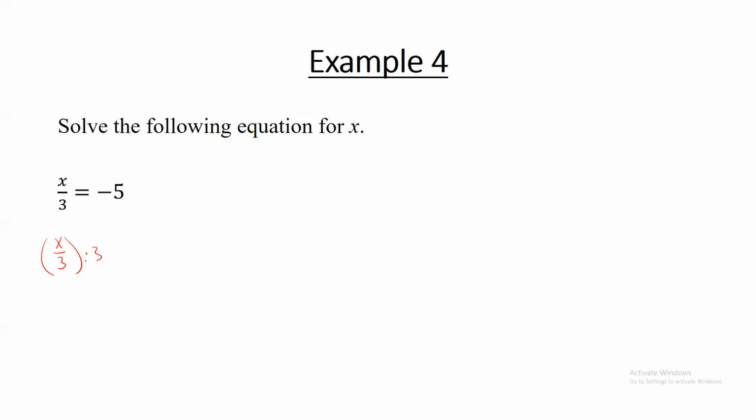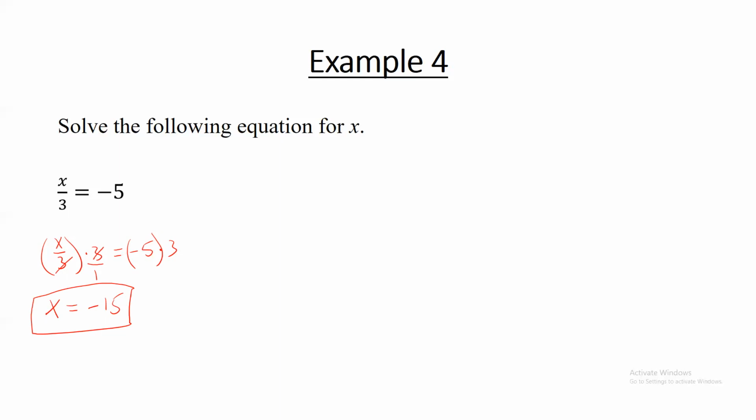We want to undo the division, and that means we also have to multiply negative 5 by 3. Well, dividing by 3 and multiplying by 3 cancels. You can also think of 3 as 3 over 1 and you do the cross canceling, but either way you have x equals negative 5 times 3, which is negative 15. And so there is our answer, negative 15.